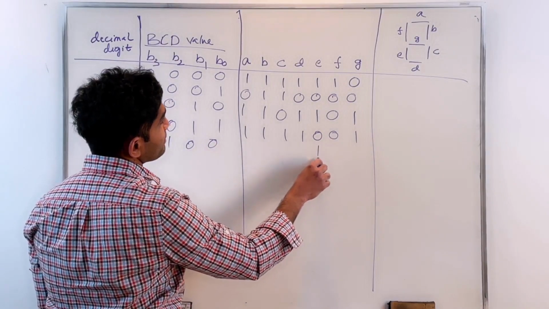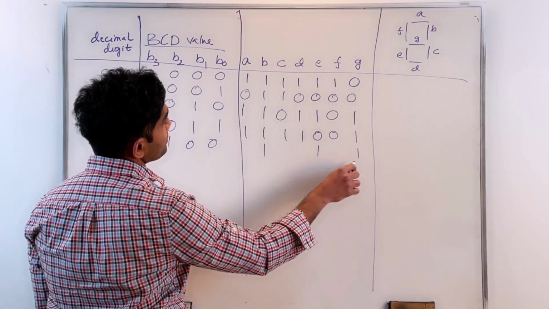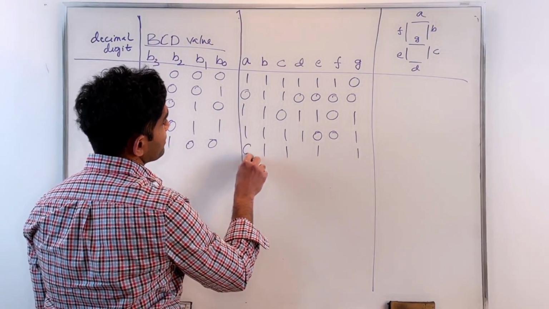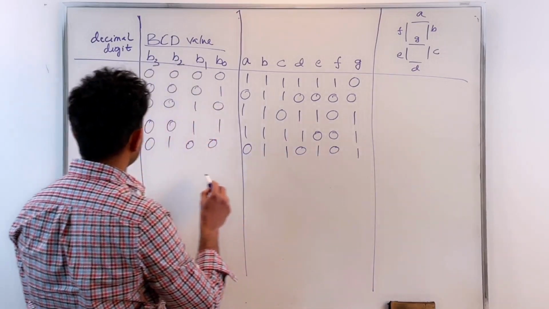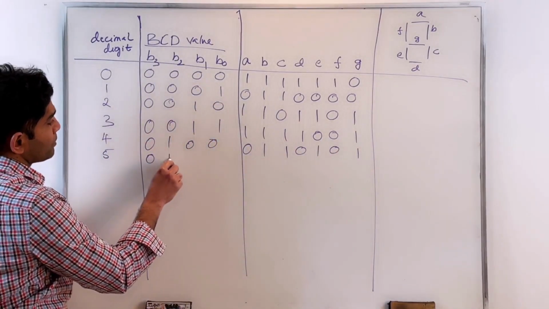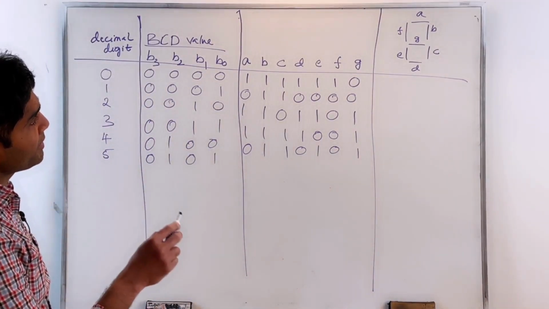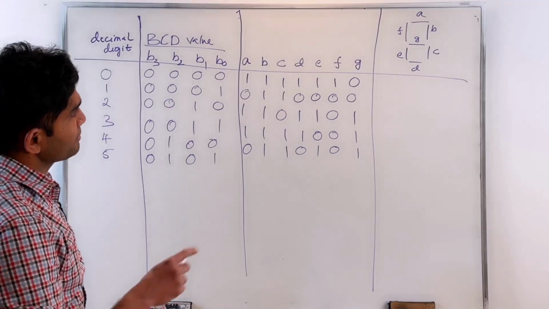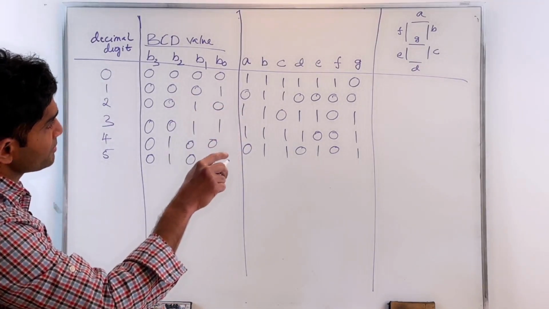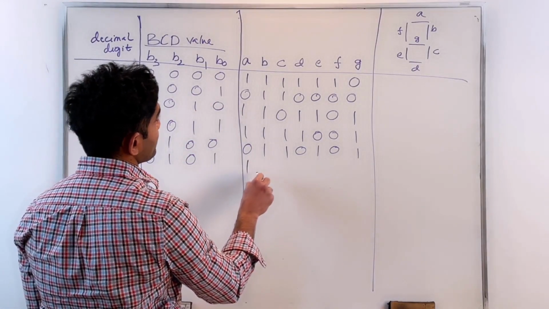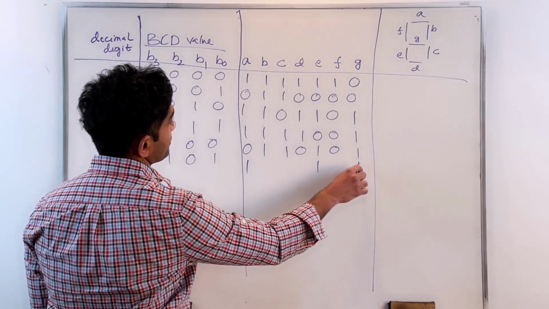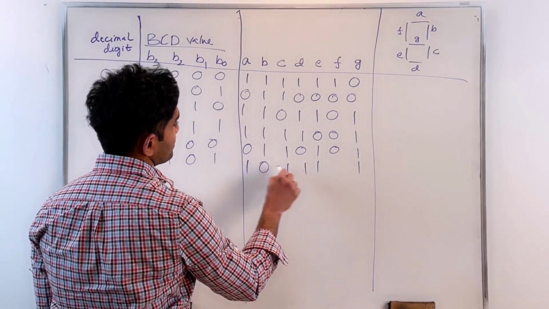That's F, G, B, C. Rest of them are all zeros. 5 is 0, 1, 0, 1. What is 5? 5 is A, F, G, C, D.